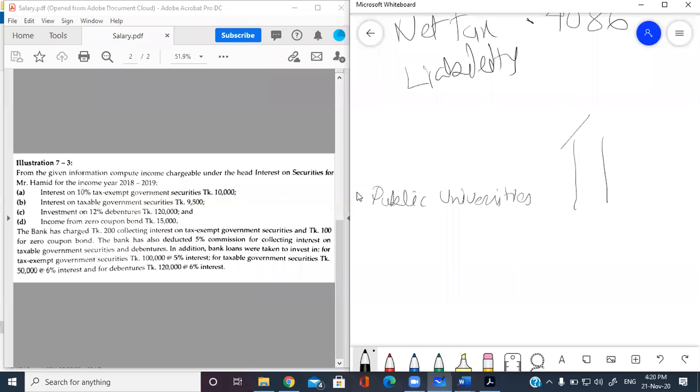In our university, right now, ACI is making a good amount of contribution. For example, our e-library has been sponsored by Robi. Okay.